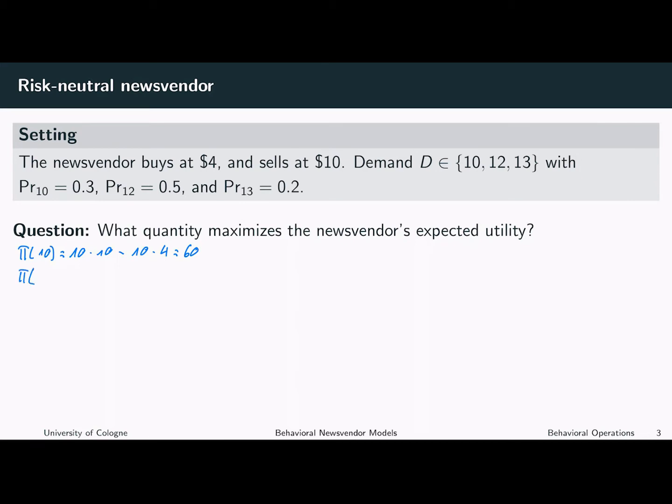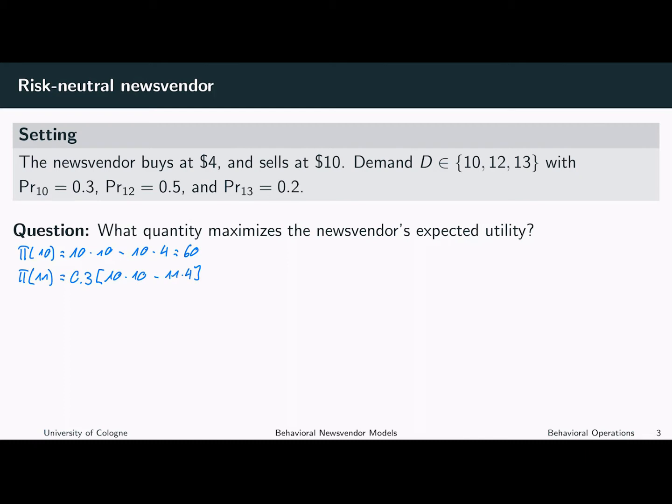If I order 11 units, then in 30% of the cases, I will have a demand which is equal to 10. In this case, I will sell 10 units at a price of 10, and I have to pay for 11 units a price of 4.